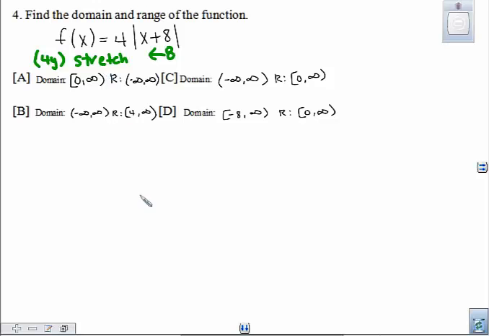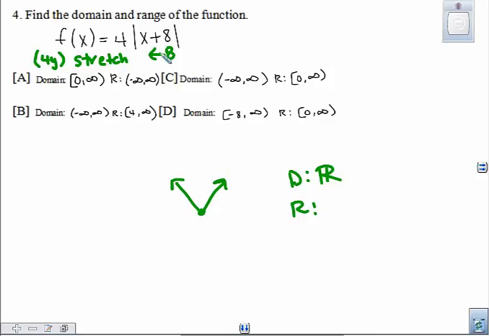So your absolute value function, if you picture it, is the V. It doesn't matter where you shift it, those arrows are still there, so your domain is still all reals. Your range, though, is not all reals because you have a low point, your vertex.